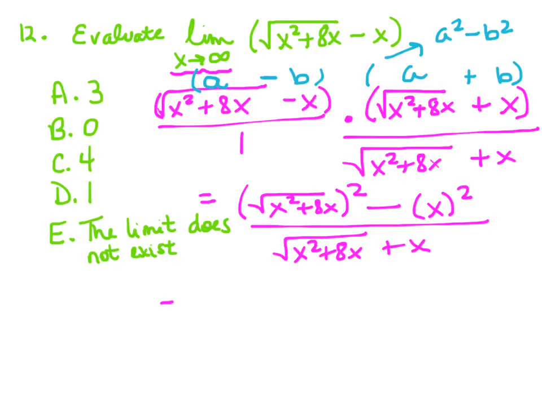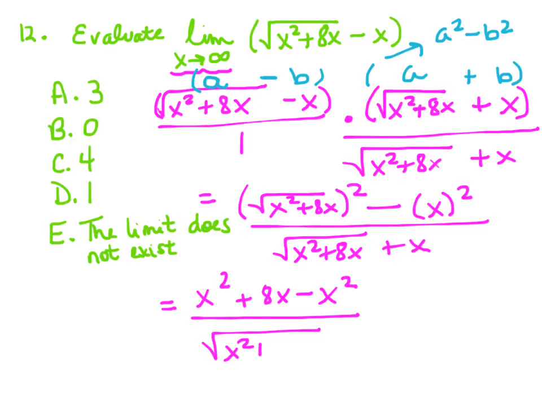So now in my numerator, the squared undoes the square root, and I'm left with x squared plus 8x minus x squared on the top, and then on the bottom I still have this same expression. So that was the tricky part to this question.